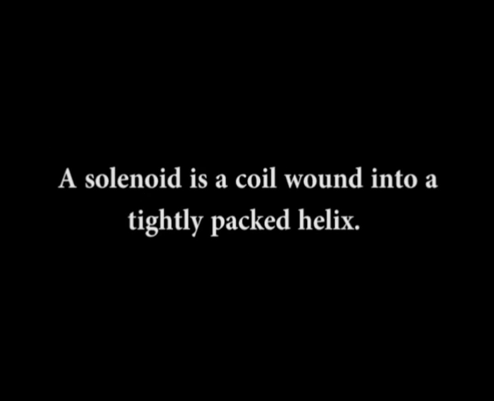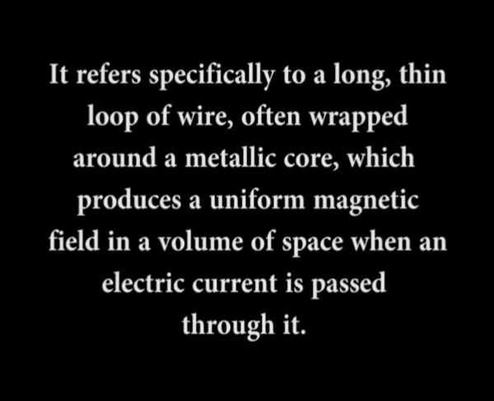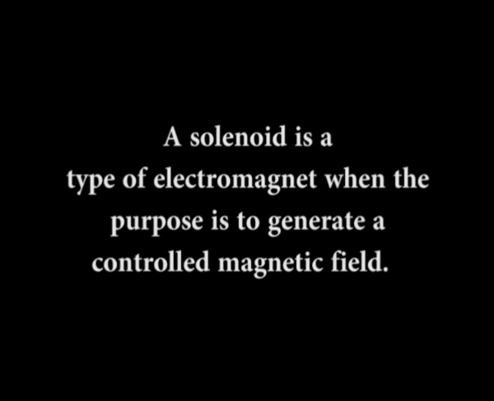A solenoid is a coil wound into a tightly packed helix. It refers specifically to a long, thin loop of wire, often wrapped around a metallic core, which produces a uniform magnetic field in a volume of space when an electric current is passed through it. A solenoid is a type of electromagnet when the purpose is to generate a controlled magnetic field.